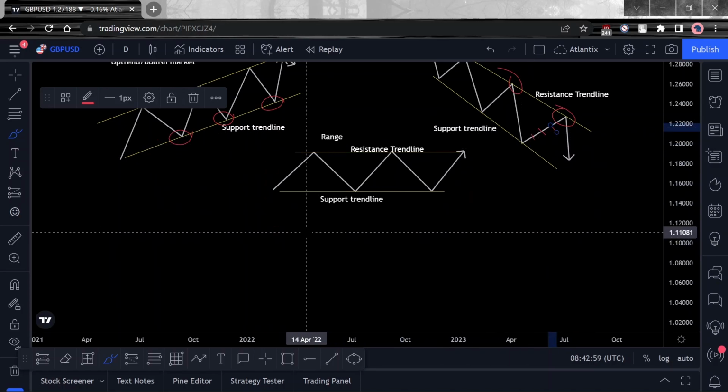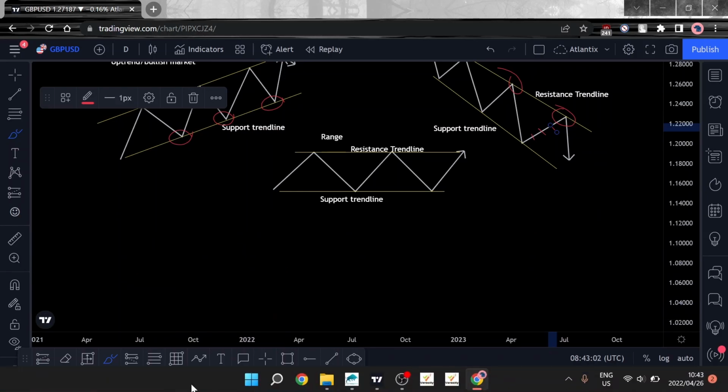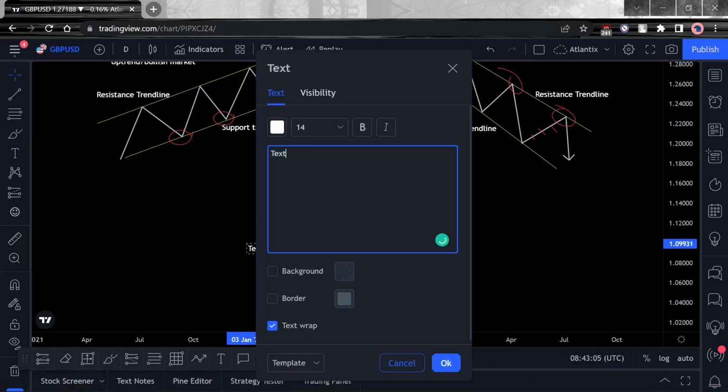Okay. So number one, in terms of our rules, let's do that. Trend line drawing advice. One, you need to connect the most obvious points.